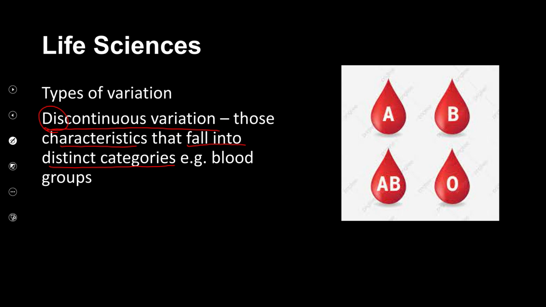A very good example in humans is blood groups. In the diagram, we can see that we have 4 different blood groups: blood group A, blood group B, blood group AB, and blood group O. Even though it's the same characteristic, blood, there is no continuous variation. You either have blood group A, or blood group B, or blood group AB, or blood group O.